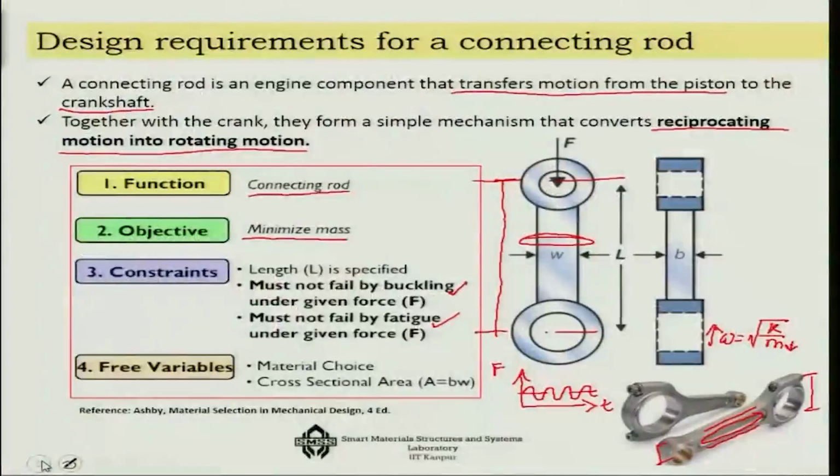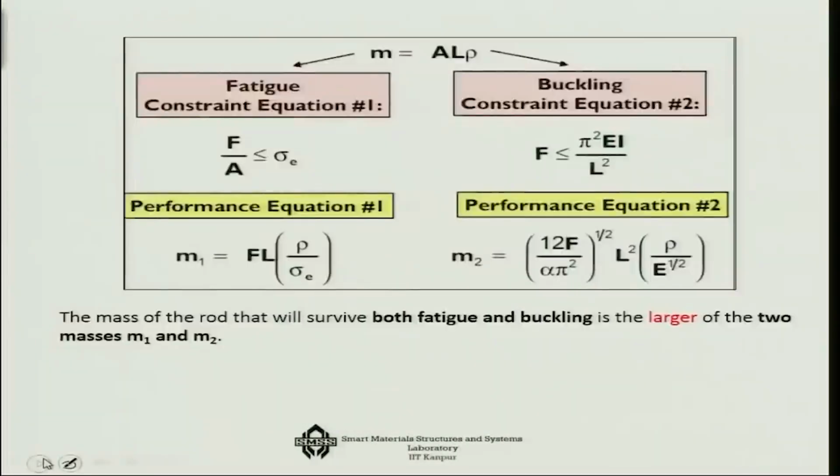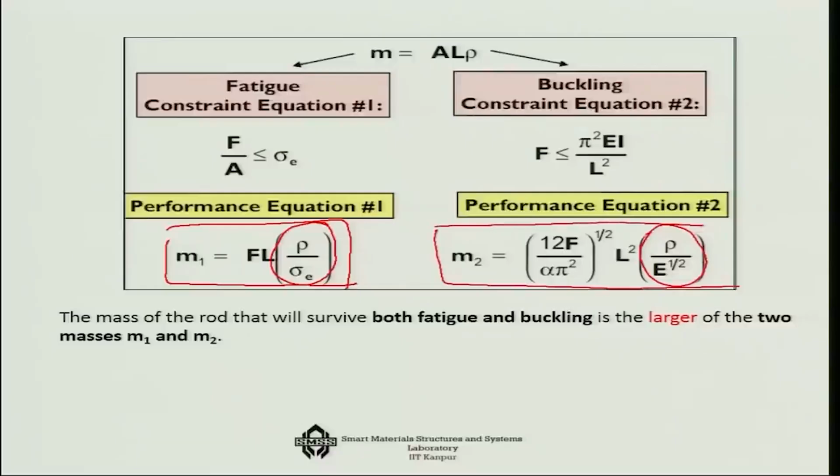If I consider both of them and summarize, in the first case we get rho over sigma E, and our mass expression is M1 equals FL times rho over sigma E. In the second case it was rho over square root of E, and the second case gives us the mass with this particular expression.